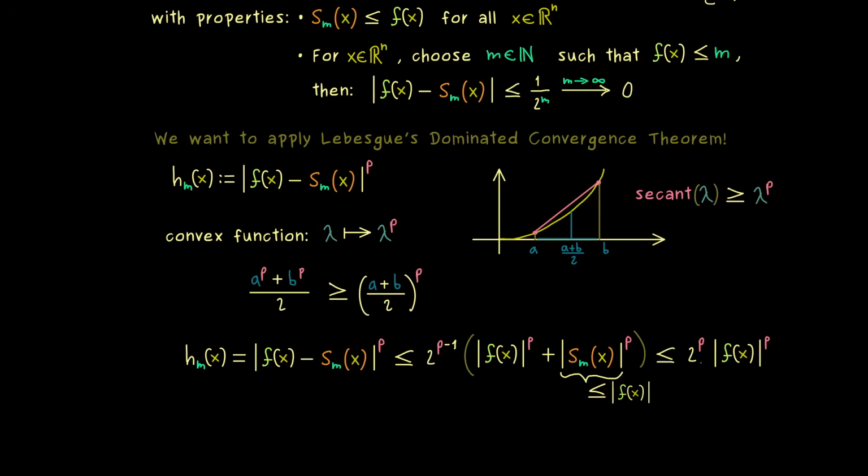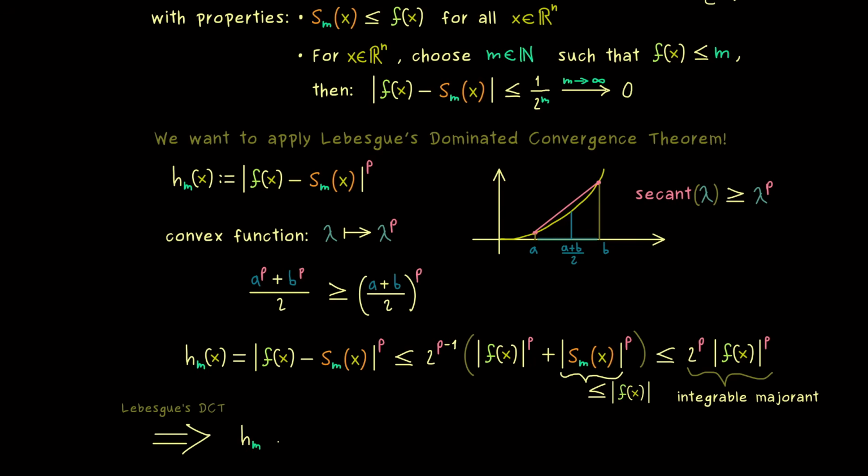And this means we can finally use our dominated convergence theorem, because here on the right we have our integrable majorant. So please recall that we also have this inequality as well, which we can take to the power p, and then you see that we have the pointwise convergence of h_m to 0. Therefore all the conditions of Lebesgue's dominated convergence theorem are satisfied.